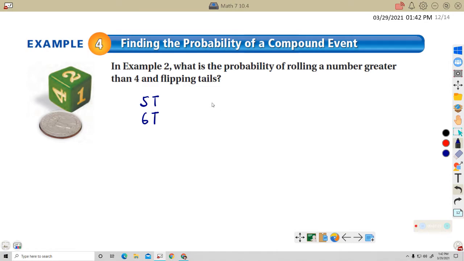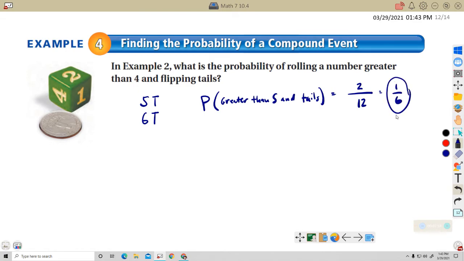So there are only 2 desired results out of 12 possible, so 1/6. It can only be 5 tails and 6 tails. So there are only 2 out of the 12.